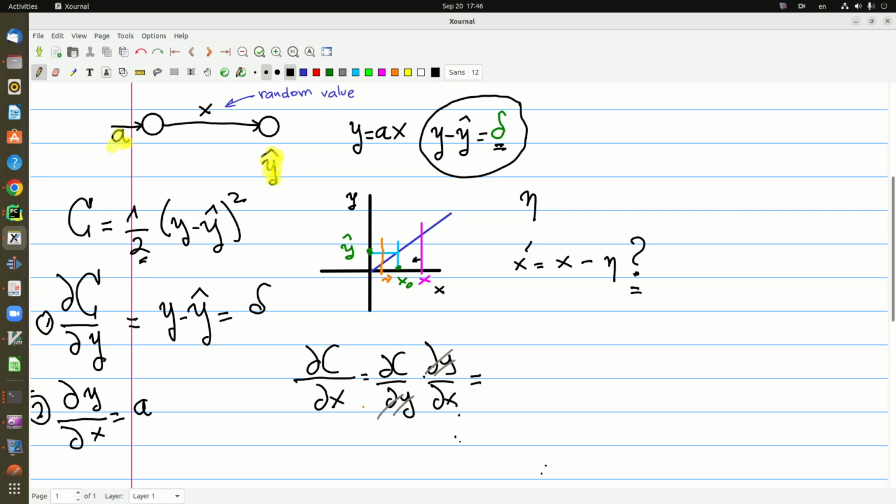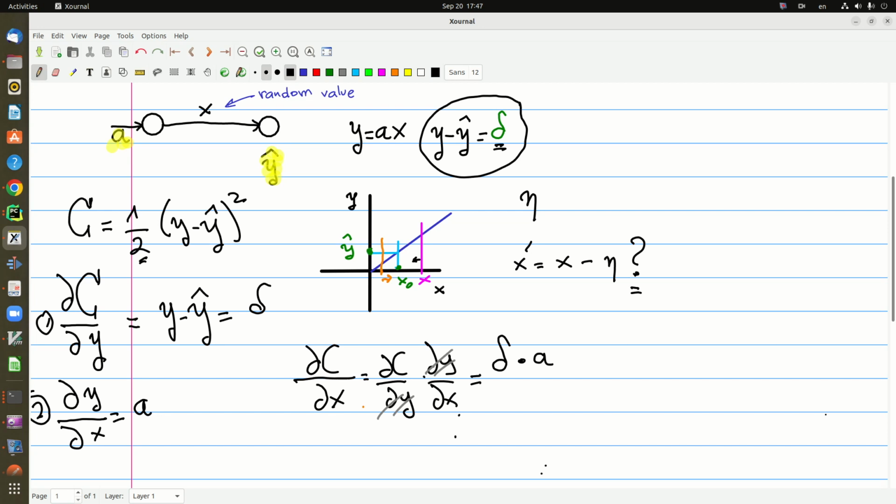Or, in other words, this is given by the product of delta times a. This means that the rate of change of cost with respect to the change of x is given by the multiplication of delta times a.